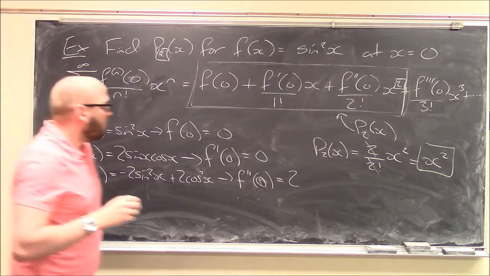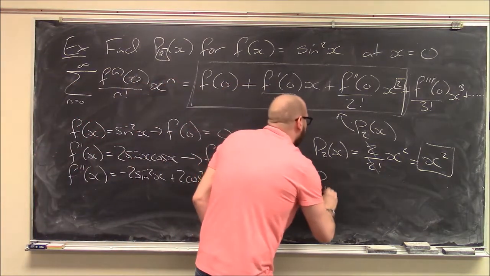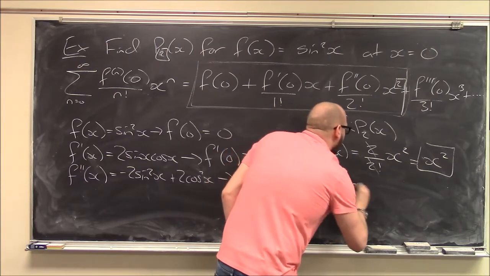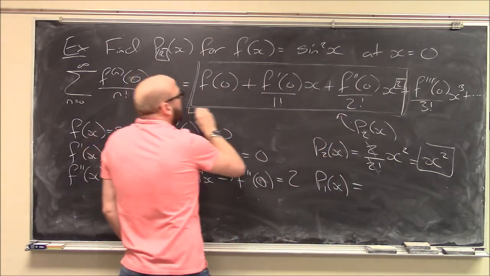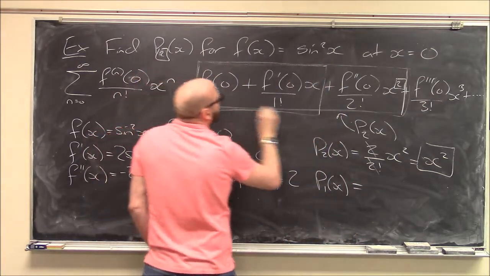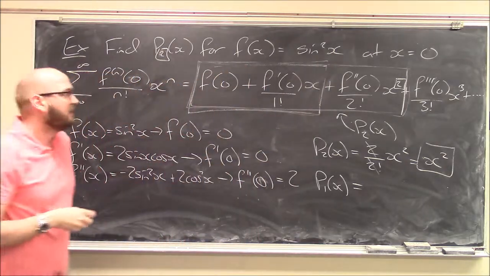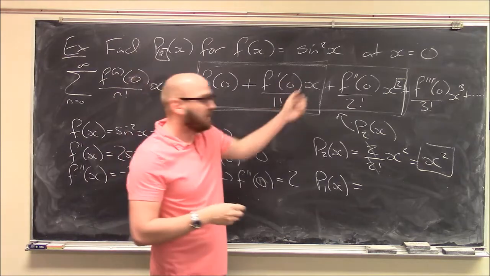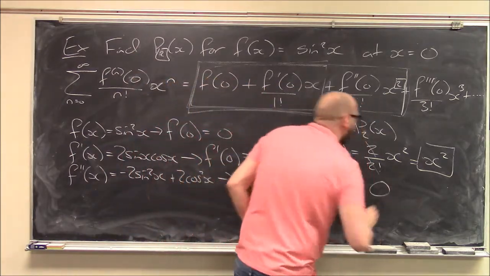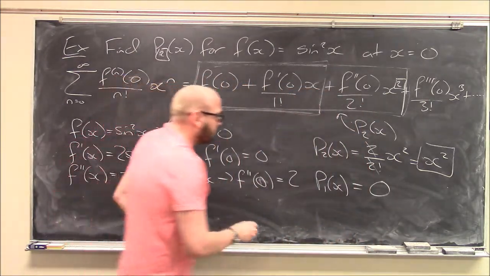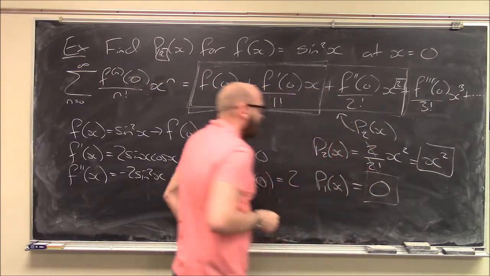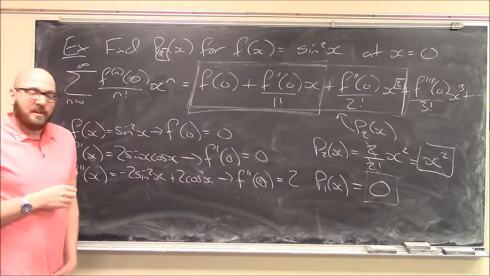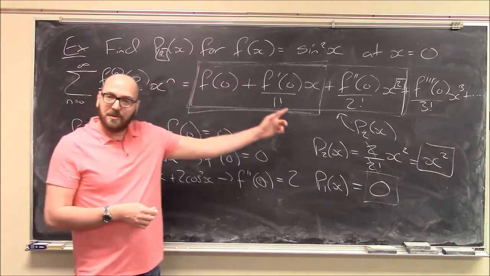By the way, what if I said, what's the first order Taylor polynomial? What's p sub 1? Well, that would be truncate this after the first power, right? If I truncate this after the first power, I just have 0 plus 0 times x. So my first order Taylor polynomial is 0. You'll notice it's not a degree 1 polynomial, because all my coefficients are 0, and sometimes that happens.